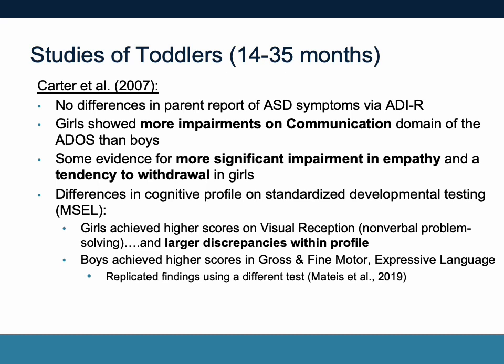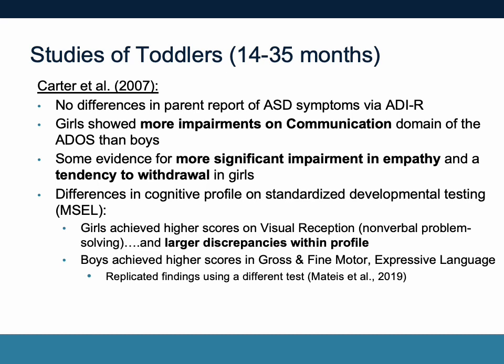They did find on the ADOS that the young girls showed more impairments in the communication domain, with particular problems in empathizing and withdrawing when they are in stress, as reported by parents in a few other of their parent report measures. They also helped focus us as a field on looking at the cognitive profile on standardized testing.